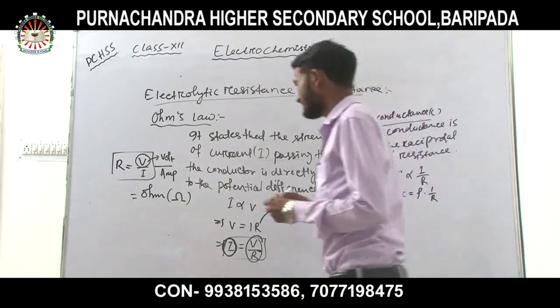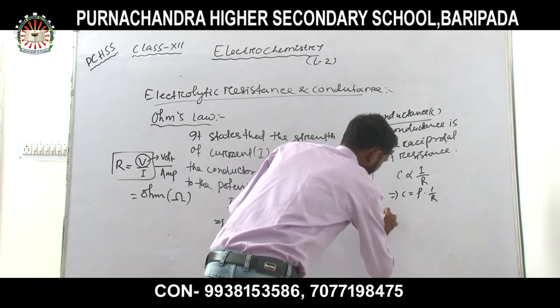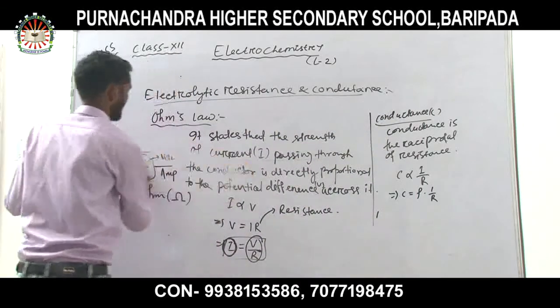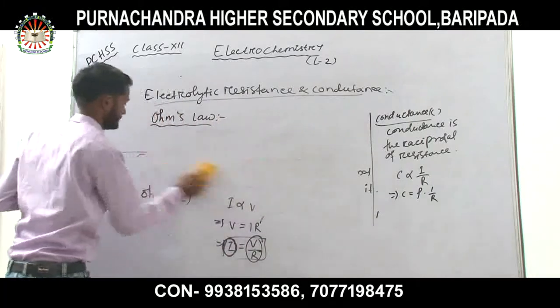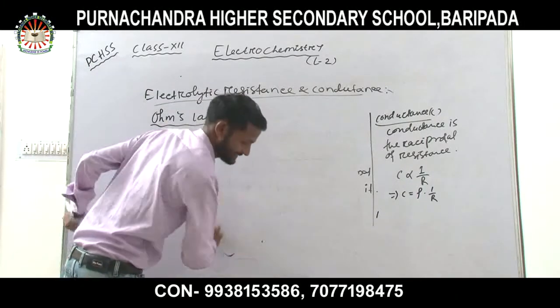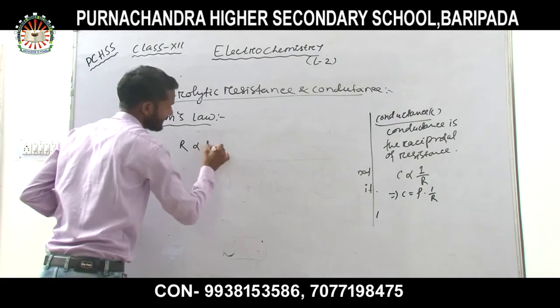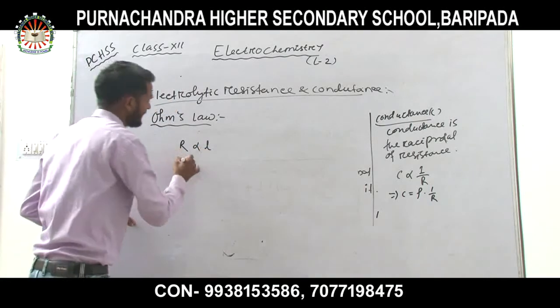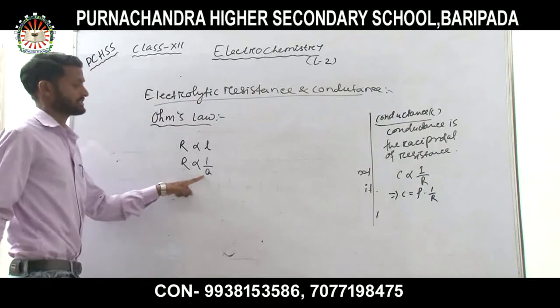Now, the resistance is directly proportional to the length of the conductor and inversely proportional to the area of cross section.